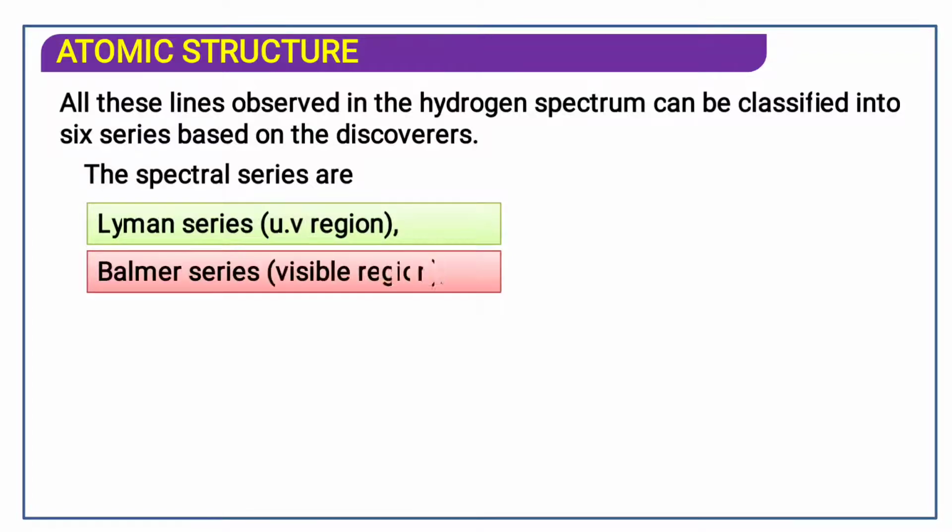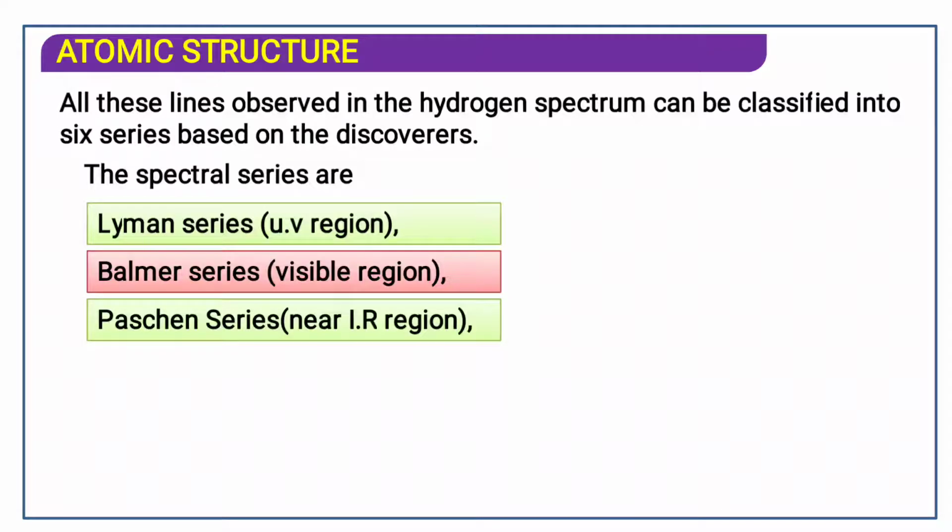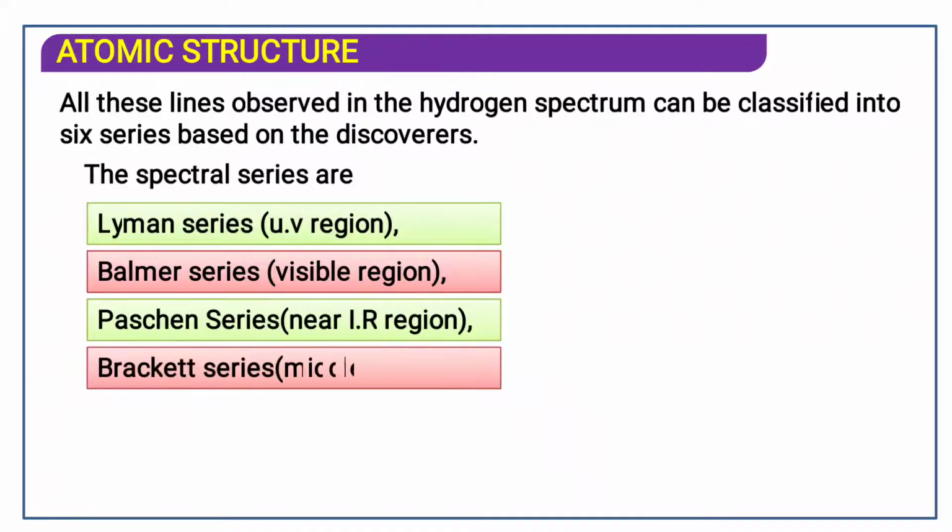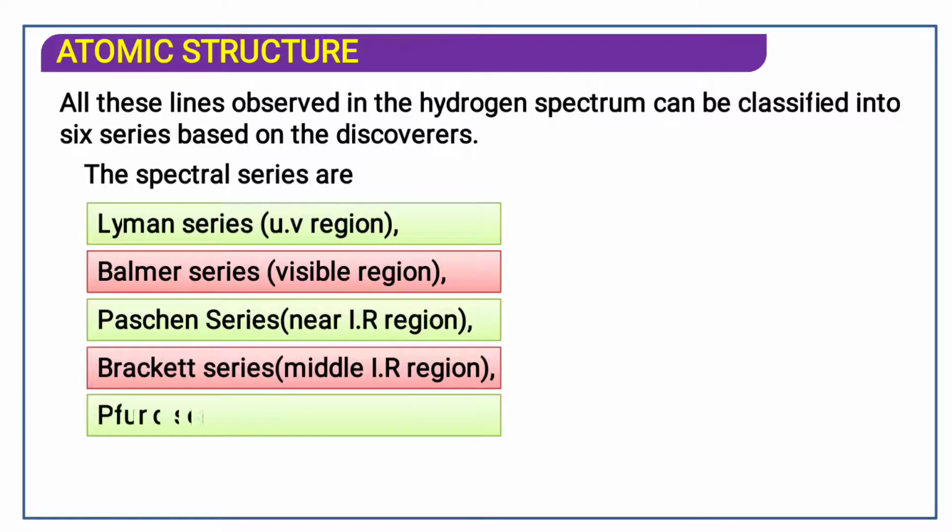In the Lyman series, the splitting of light is seen in the UV region, Balmer series is seen in the visible region, Paschen series is seen in the near infrared region, Brackett series is seen in the middle infrared region, and the Pfund series is seen in the far IR.